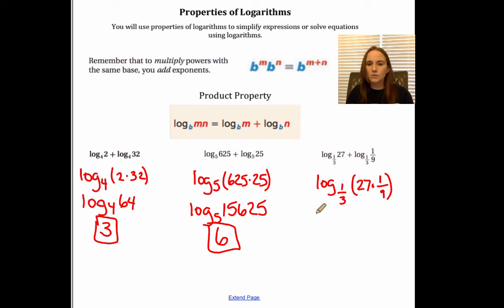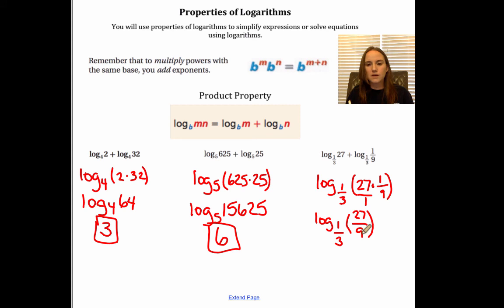Well, 27 times 1/9, we end up with log base 1/3 of 27 over 9. Remember, when you're multiplying with fractions, this 27 is over 1. Multiply numerator times numerator and denominator times denominator.